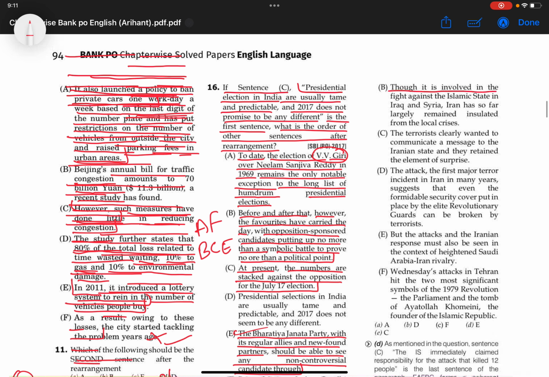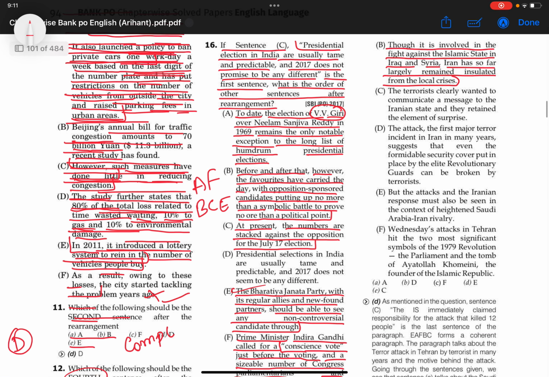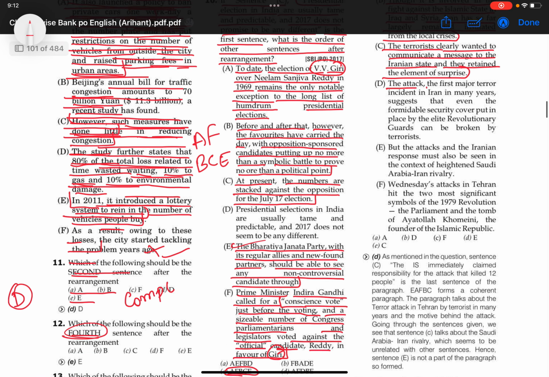Though it is involved in the fight against the Islamic State in Iraq and Syria, Iran has so far largely remained insulated from the local crisis. The terrorists clearly wanted to communicate a message to the Iranian state, and they retained the element of surprise. The attack, the first major terror incident in Iran in many years, suggests that even the formidable security cover put in place by the Allied Revolutionary Guards can be broken by terrorists.